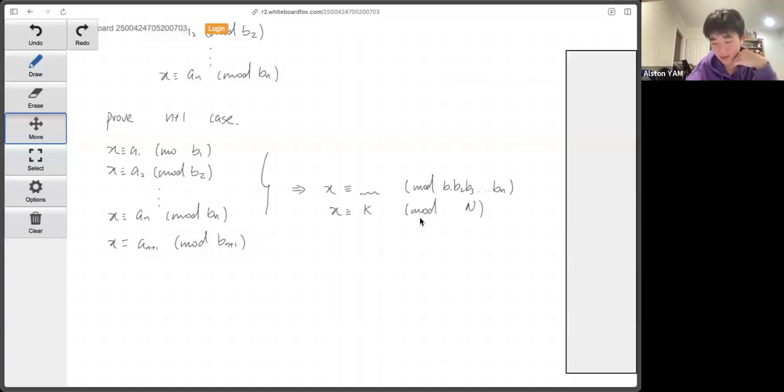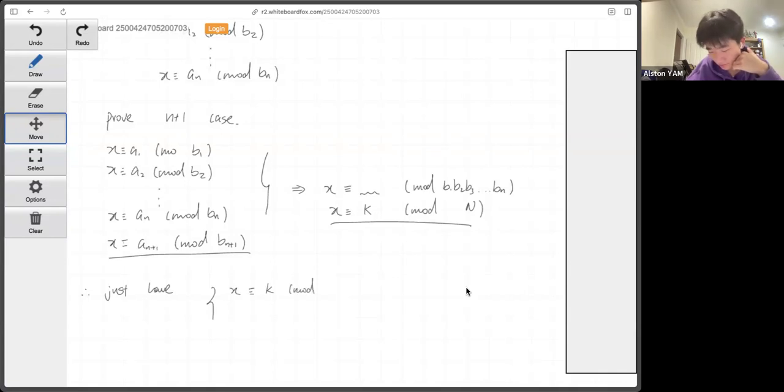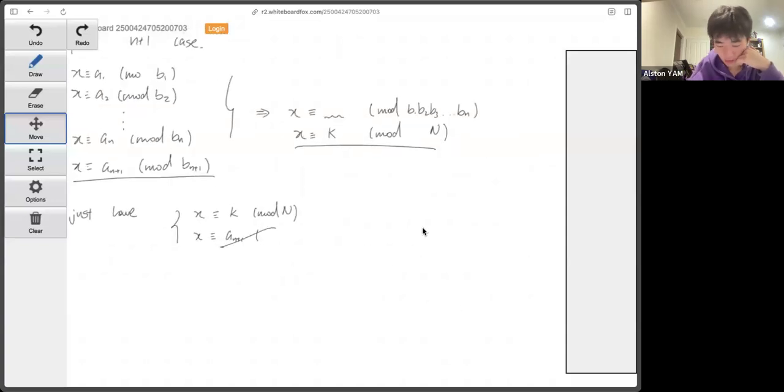So now guess what? We're back at solving two of these congruences, right? So we just have x congruent to big K on the mod big N, and x is congruent to a n plus 1 on the mod b n plus 1.